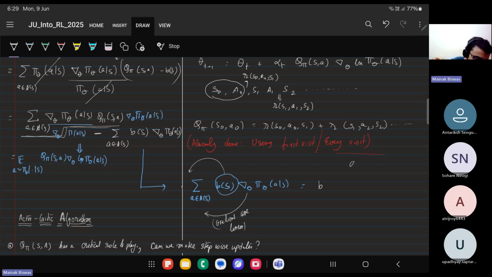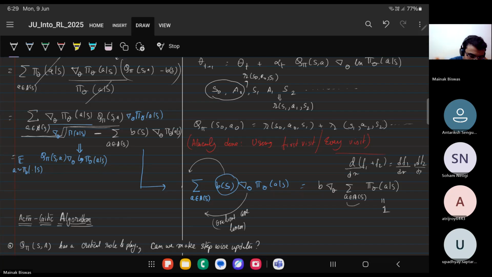What do I mean by derivatives are linear? d/dx of f1(x) plus f2(x) is the same as df1/dx plus df2/dx, isn't it? So I will take the gradient outside and take the summation over all actions of pi theta of A given S. Do you agree this is equal to 1?